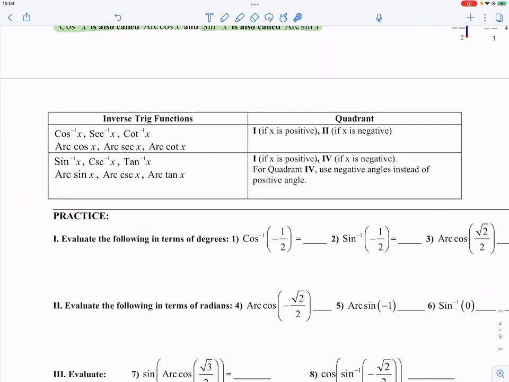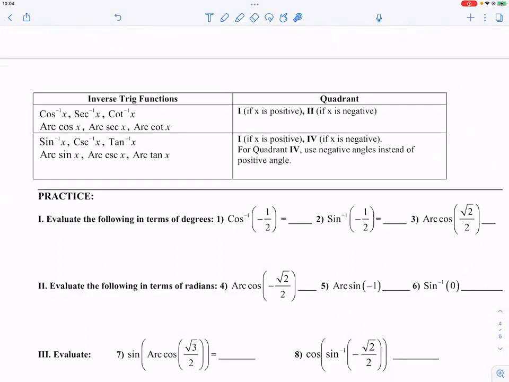Now if you flip to the next page, there's a little chart that I used to just tell students to memorize. And now I would say, if you want to memorize it, sure. But I would really want you to understand the meaning behind the restriction. Why are we restricting quadrant 1 and 2 for all these functions on the left?